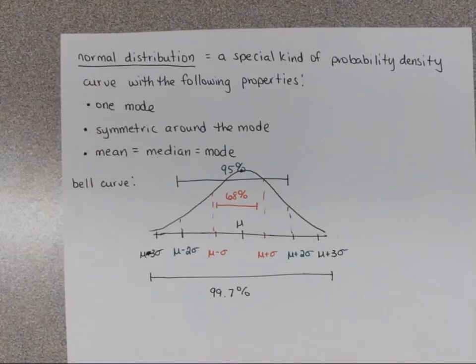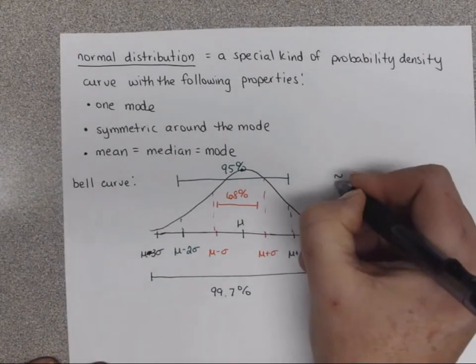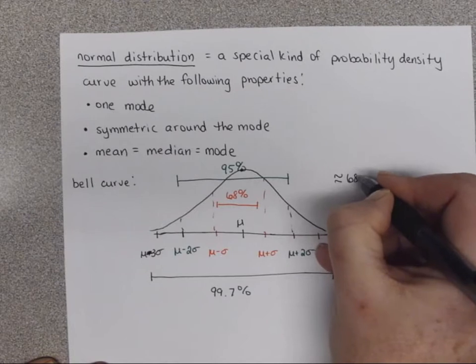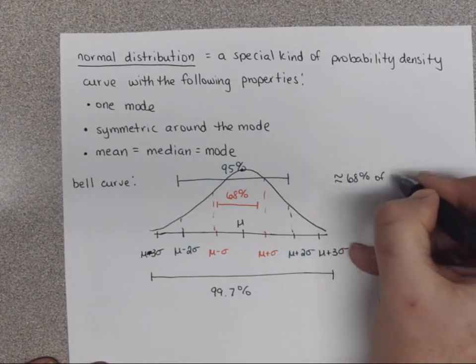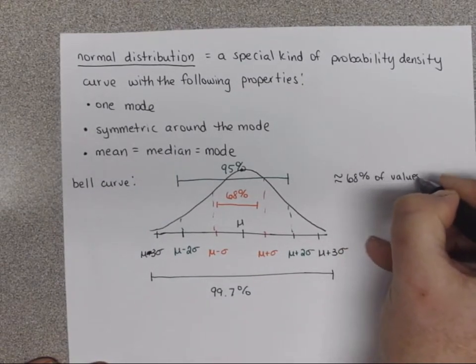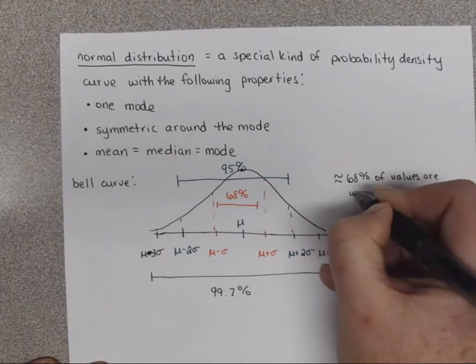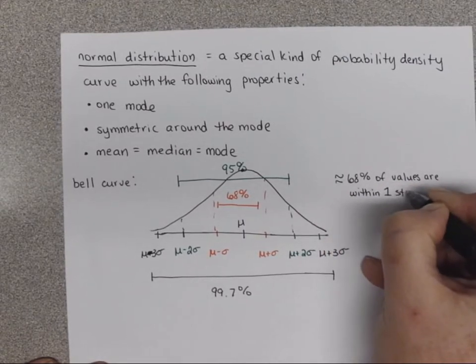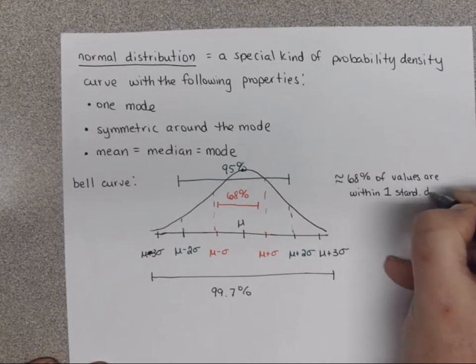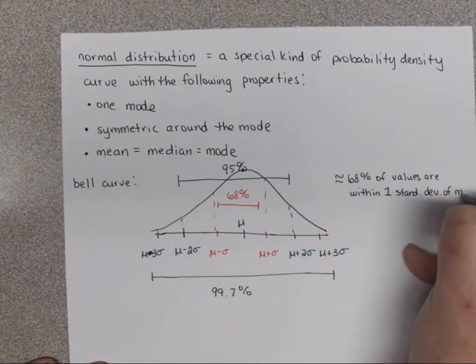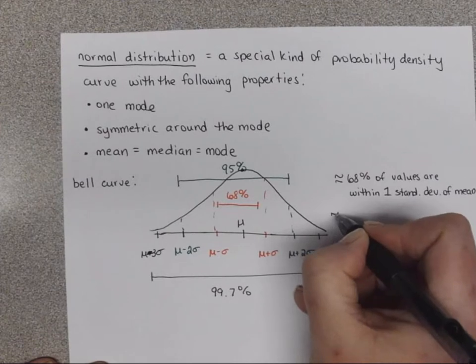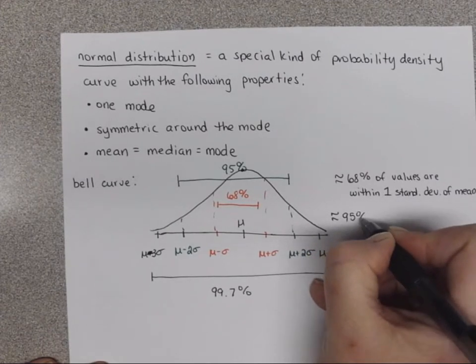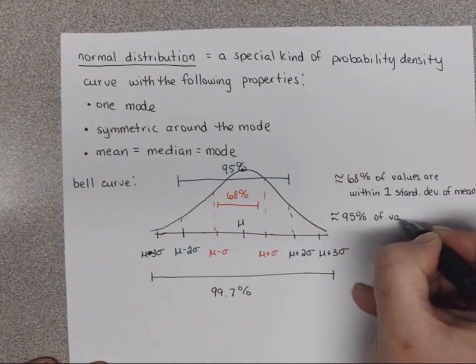Okay, you catch 99.7% of the values. Okay, so in other words, approximately 68% of the values are within 1 standard deviation of the mean. Right around 95% of the values are within 2.